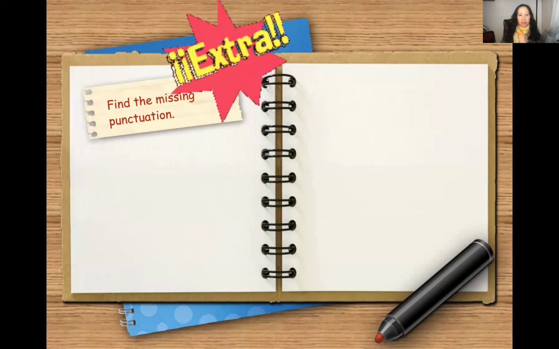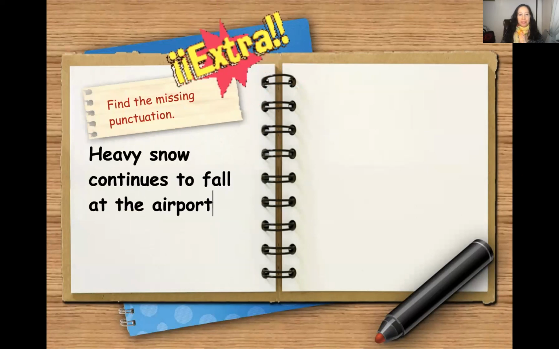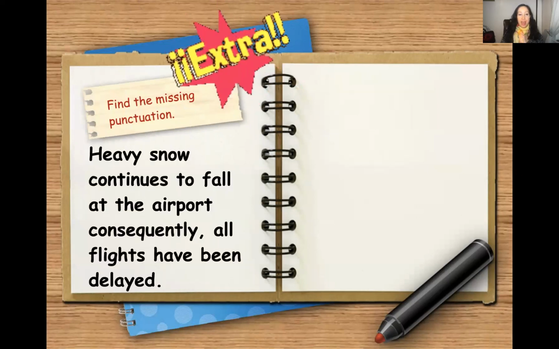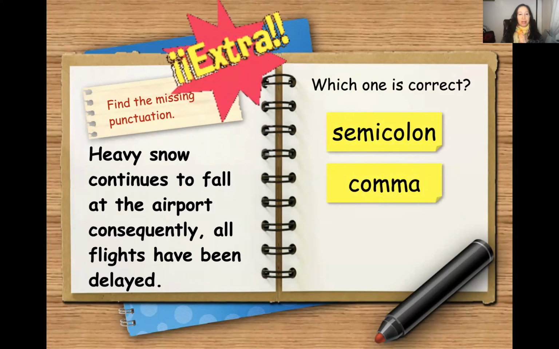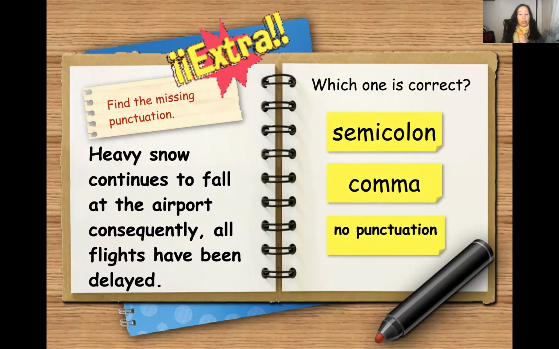Find the missing punctuation. Heavy snow continues to fall at the airport. Consequently, all flights have been delayed. That's a tough one. Which one is correct? Semicolon, comma, or no punctuation?